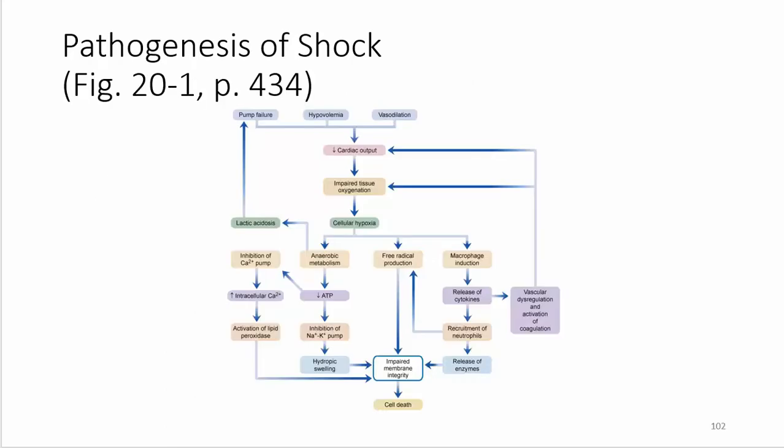So this is a diagram, a chart that you can follow along, and for those of you that enjoy it, enjoy. You can just follow all the steps. Hypovolemia leads to decreased cardiac output, impaired oxygen, cellular hypoxia, which gives you anaerobic metabolism with less ATP, less sodium potassium pump, hydropic swelling, impaired integrity, cell death.